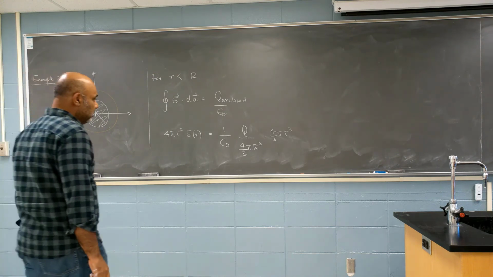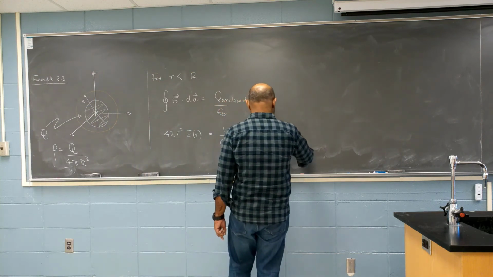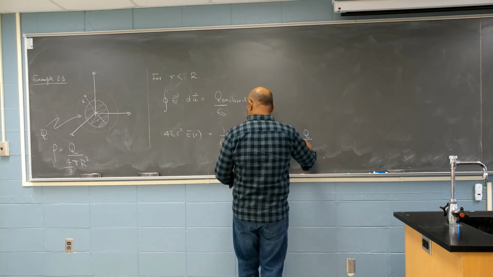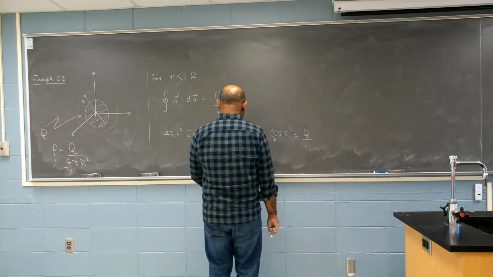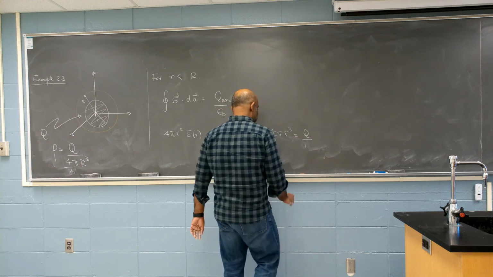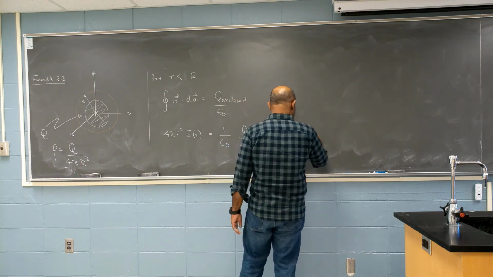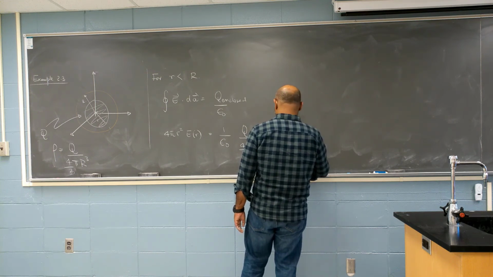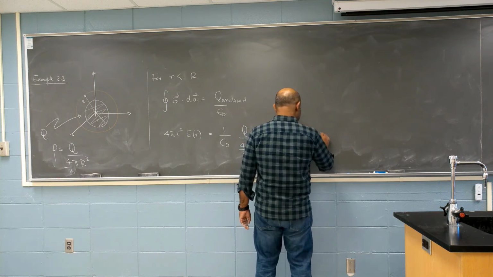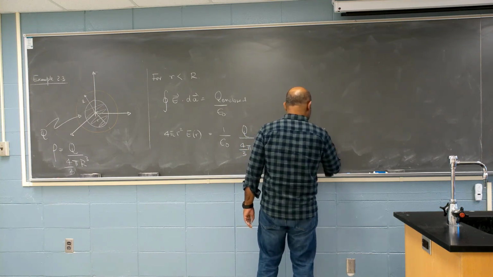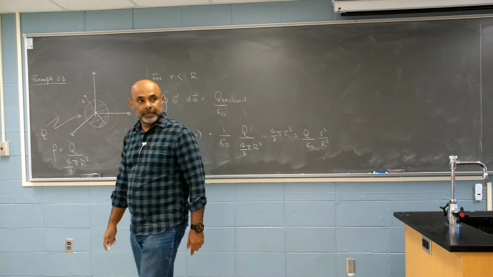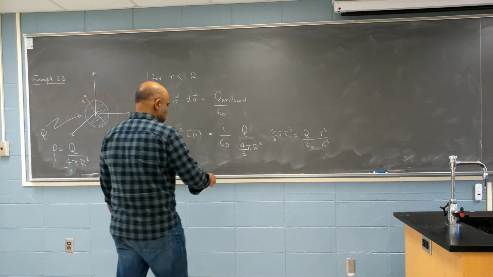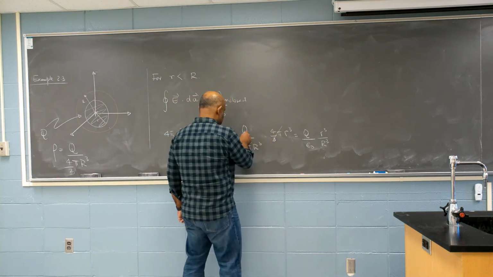The 4/3 pi goes away. Q r cubed over R cubed. So we have Q over epsilon naught, r cubed over R cubed.